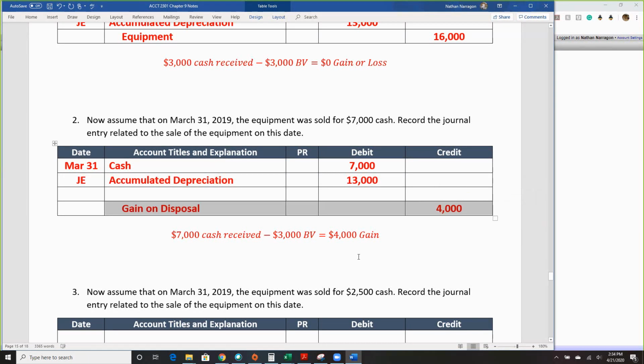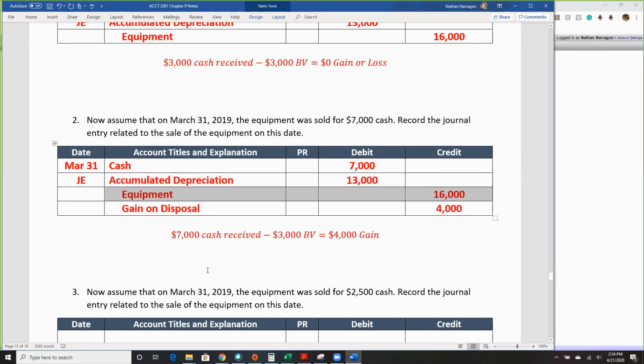We're going to credit equipment for $16,000, and then we're going to credit gain on disposal of $4,000. Okay? So there's our difference between cash and book value.